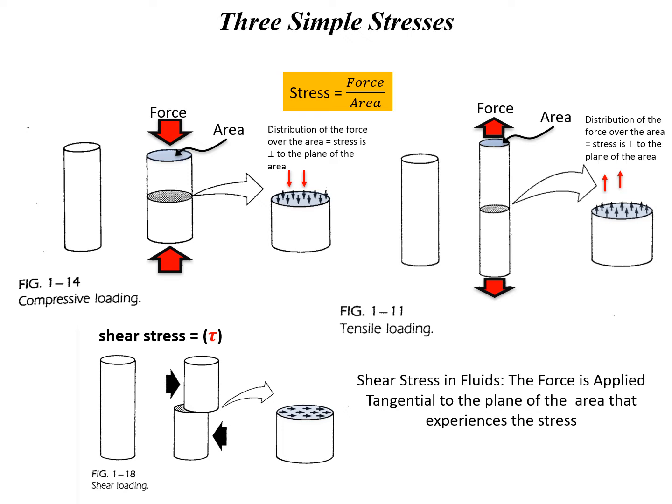In shear, that force is applied tangentially, so it's parallel to the area over which it's acting. And the only way you can apply a tangential force to a fluid is because of the property of viscosity. So in liquid, the intermolecular interactions cause the liquid to want to stick together a little bit.